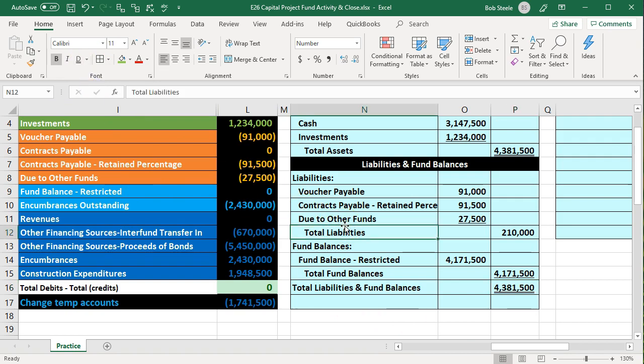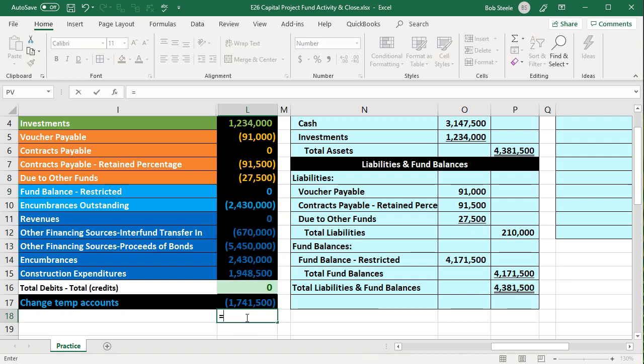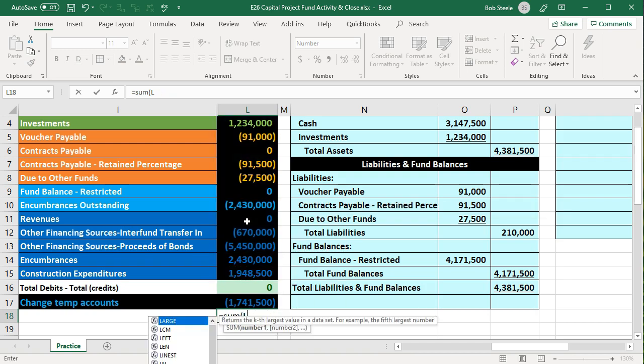So there is that. Now, also note that if you look over here, you're going to probably think these two items, this encumbrances, should throw things off, you would think. But it doesn't, because, again, they equal each other out. So if I highlight the whole thing, those two cancel each other out. We could also calculate this as saying it's going to be the sum of everything but the encumbrances. So let's do it this way.